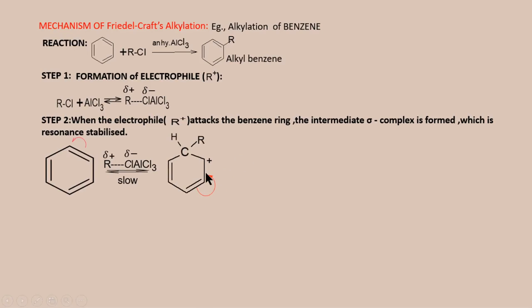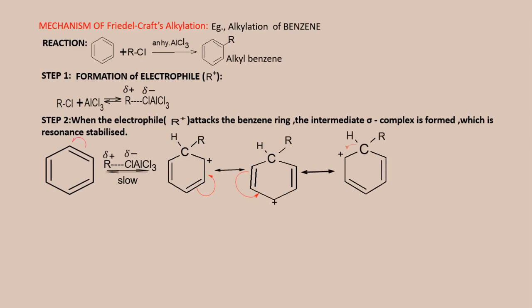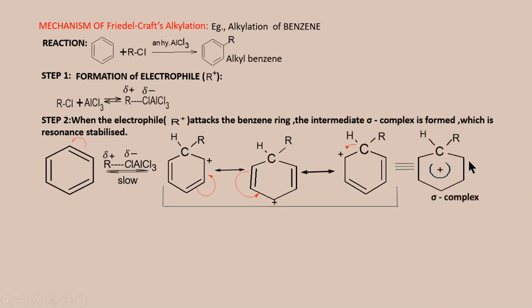So this bond is shifted like this. So you will be getting the 3 resonating structures as usual, and this is equivalent to the sigma complex structure of this. So here it is getting cleared, then R plus will go and attack here, then positive charge will be produced here.